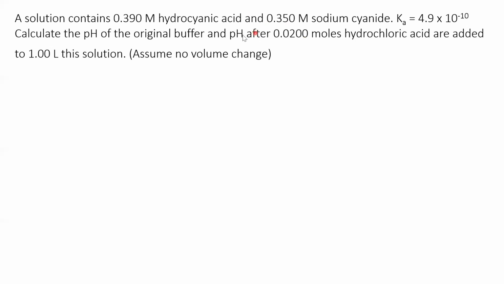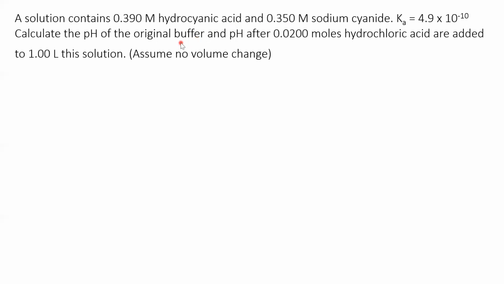Let's not do the second part of this problem first. Let's just calculate the pH of this buffer. It's going to be the same as the problems we just did. Use the Henderson-Hasselbalch equation: pH equals pKa plus the log of the base concentration over the acid concentration.